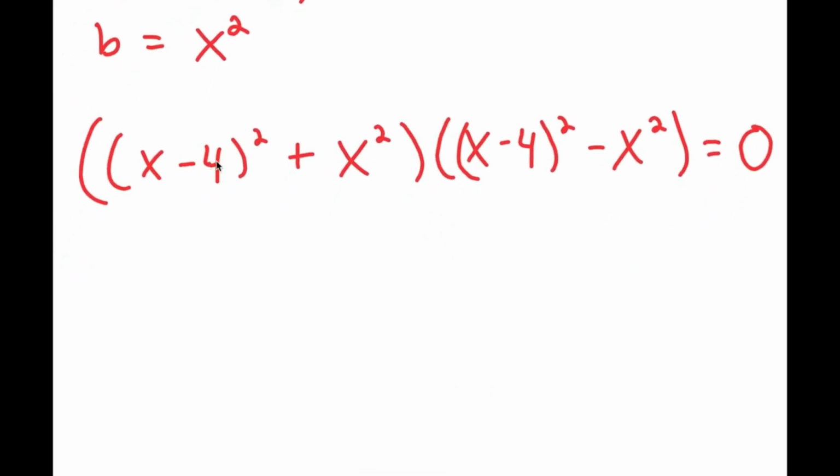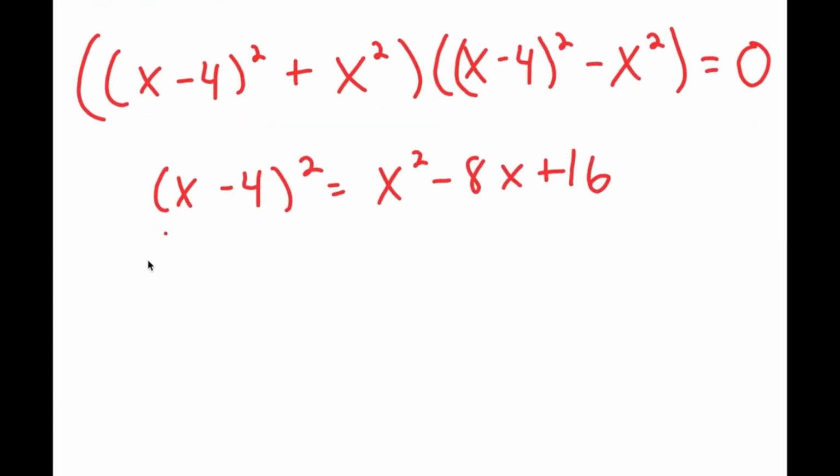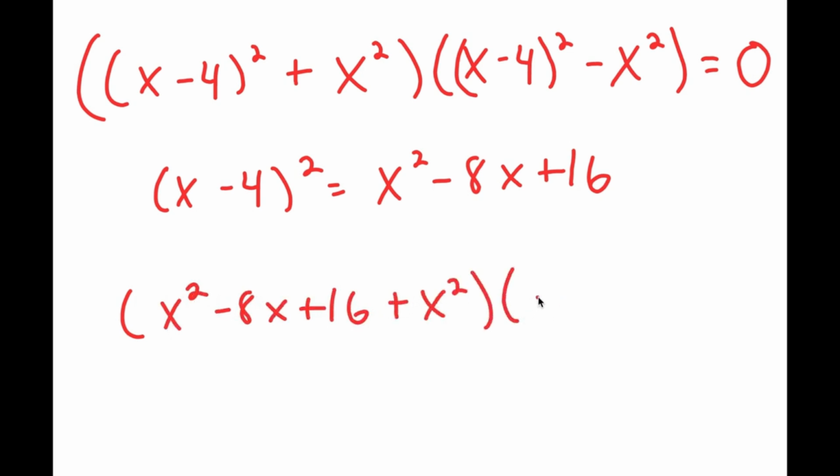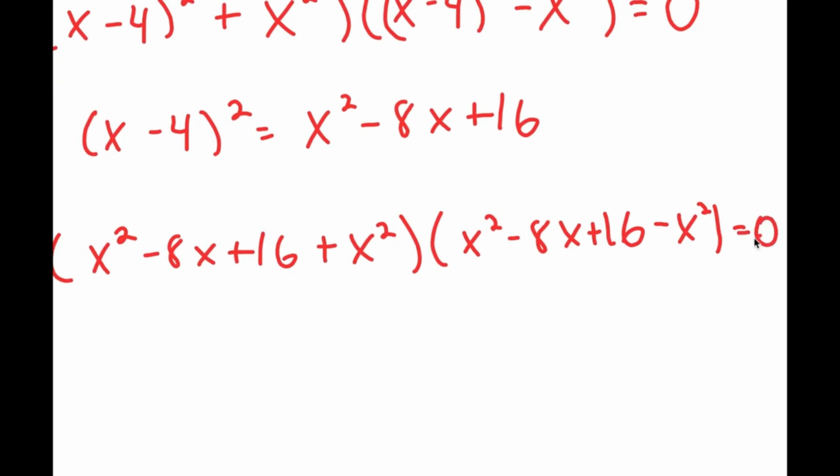Now from here, I'm going to expand (x - 4) squared. So (x - 4) squared is equal to x squared minus 8x plus 16. So over here, I get (x^2 - 8x + 16 + x^2) times (x^2 - 8x + 16 - x^2) is equal to 0.